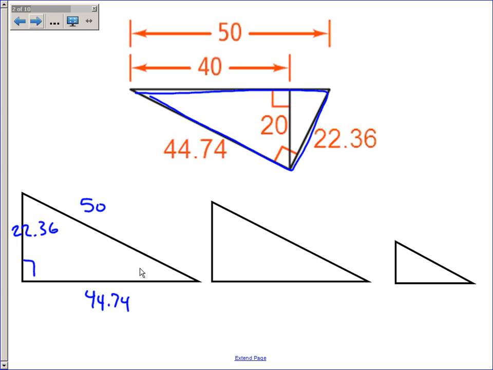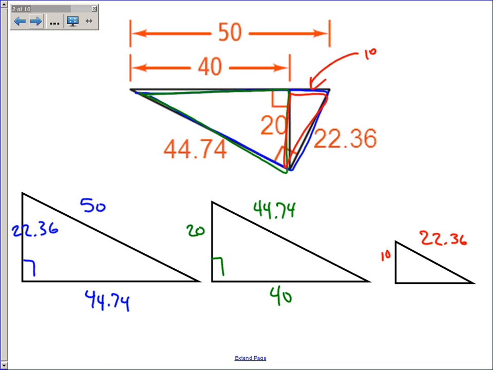In the medium triangle, the hypotenuse is 44.74, the shorter leg is 20, and the longer leg is 40. In the small triangle, the hypotenuse is 22.36. The shorter leg is 10, because 50 minus 40 is 10, and the longer leg is 20.